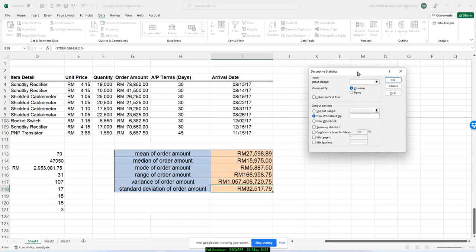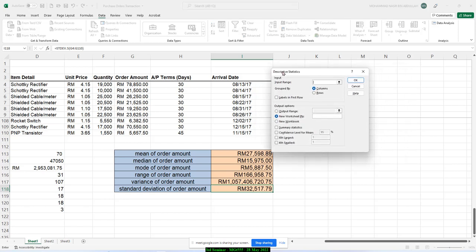So dekat sini dia akan keluar, nampak tak Descriptive Statistics dialog box, right? So kita ada dua option, dua section dekat sini. First is input, and second one is output, right?